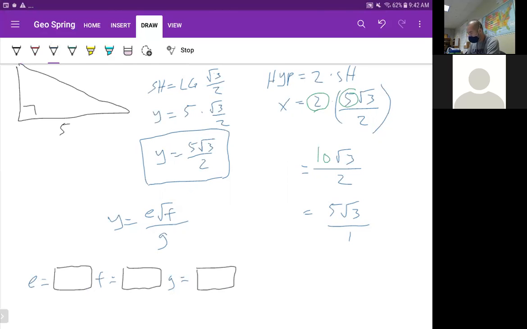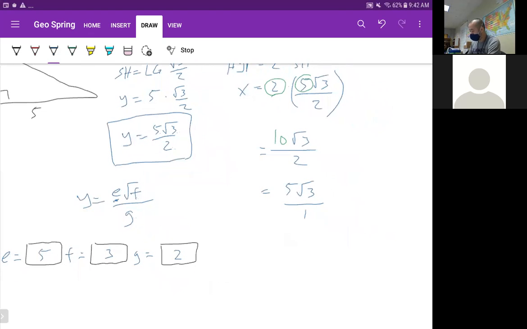Okay, so the e is 5, the f is 3, and then the g is 2. Then over here, this one says x equals r s t. And then you have 3 blanks. R equals, S equals, T equals.